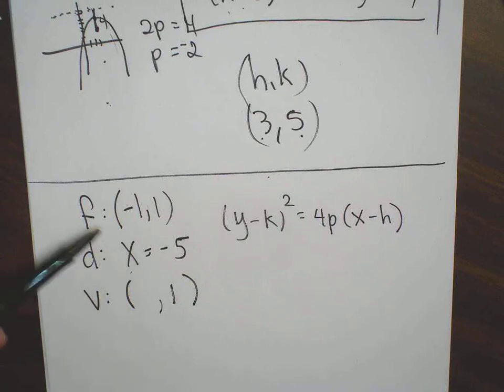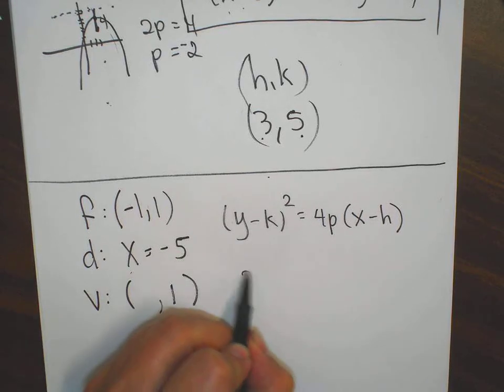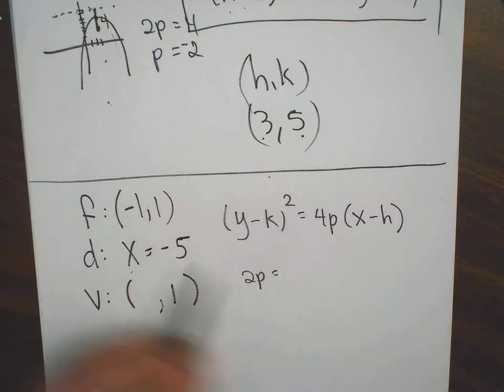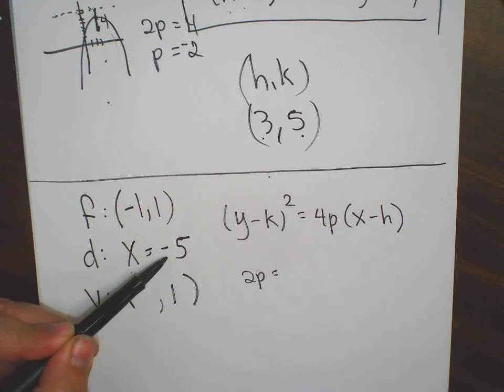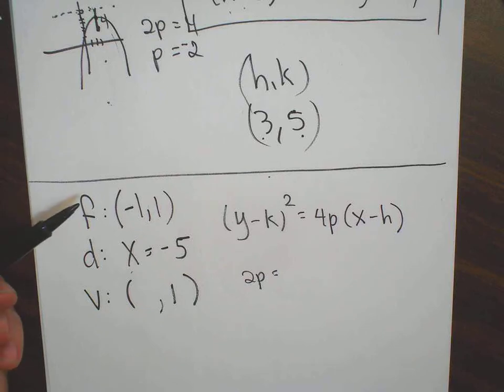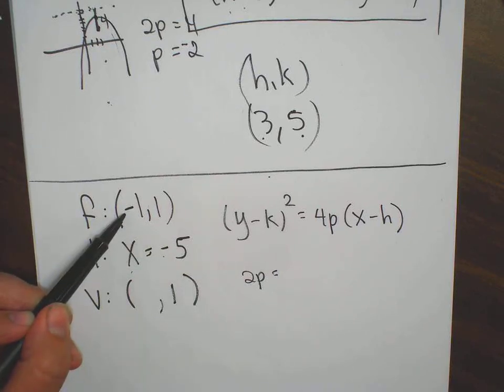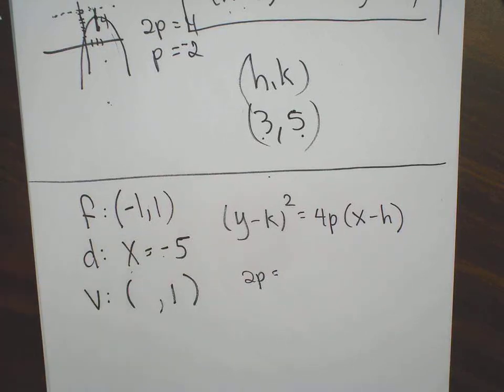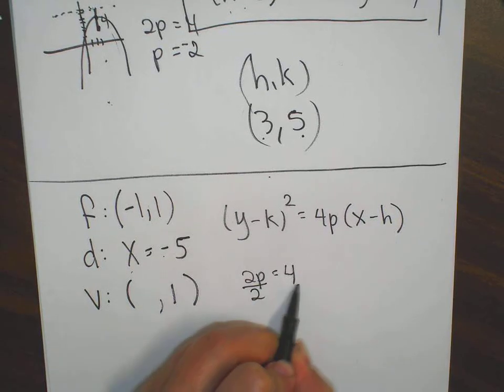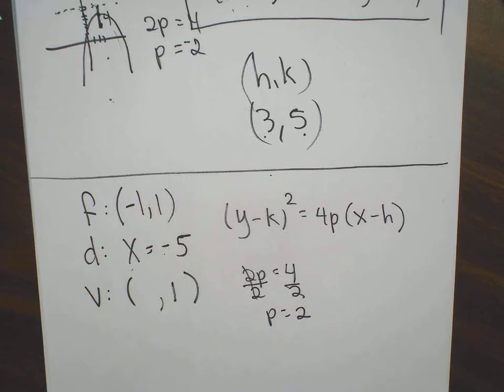What is the distance between -5 and -1? That's a distance of 4. What does that distance represent? P or 4P? Or excuse me, 2P, sorry. It's 2P. So 2P is a length of -5 minus -1, so that's -5 plus 1, which in absolute value is a length of 4. So P is 2.